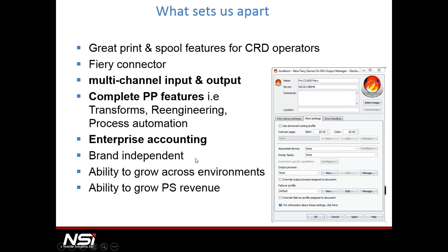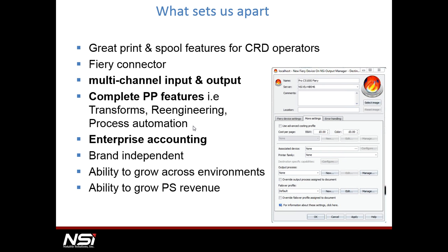You've seen a little snippet of the production print features like the transforms, the re-engineering, the process automation. We have many customers who use Output Manager exactly for that, just to simplify processes, to reduce the amount of envelopes they send out, to add letterheads, and so forth.